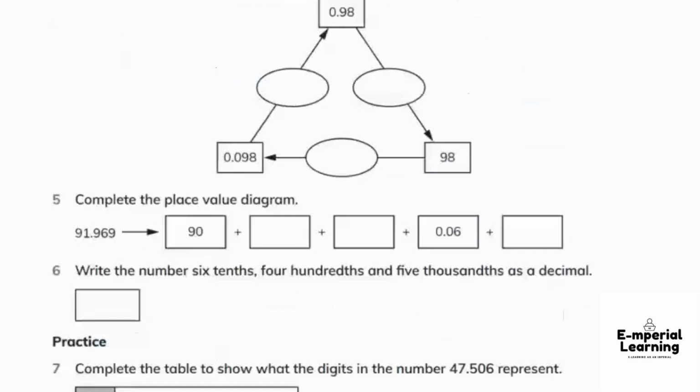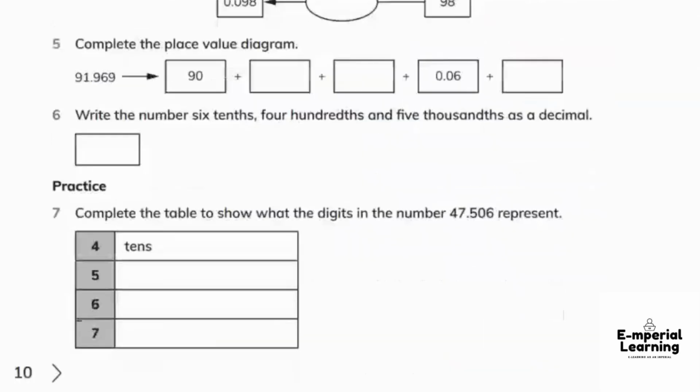Question 5 says complete the place value diagram. Now we have 91.969, and in this expanded form, when we are expanding, we consider the place value of each digit. So the first digit is in the tens place, and that's why we have 90. The second digit is 1 in the ones place, so we maintain our 1.